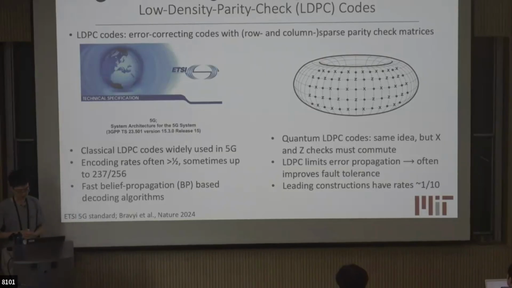Now, if we look at the constructions as of maybe last year, you'll see a lot of nice constructions in various regimes. I think the most exciting constructions at the time were constructions that had a block length of around 100 to 200 physical qubits, and you typically see rates that are around 1/10 or so. For example, for the gross code, you have [[144, 12, 12]].